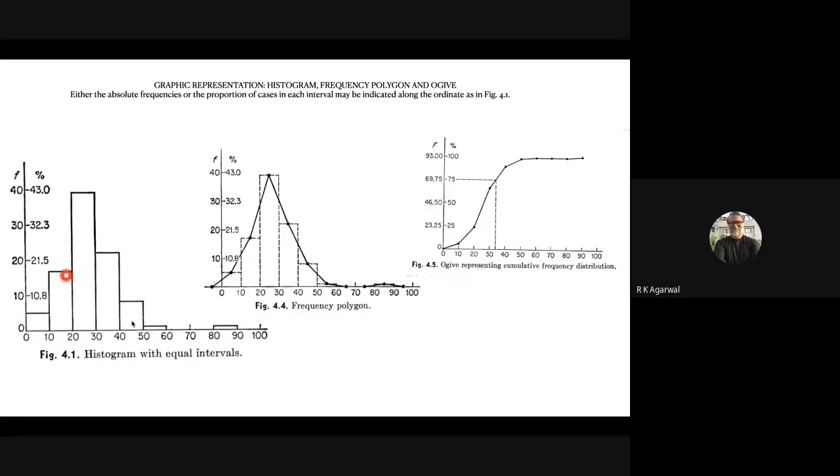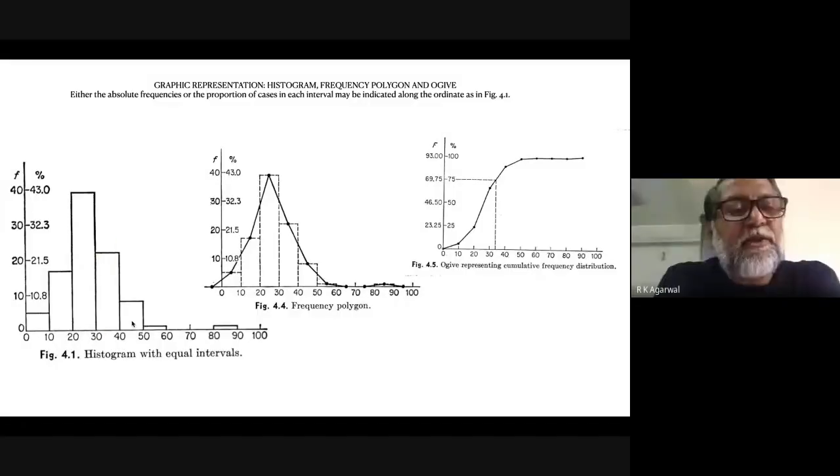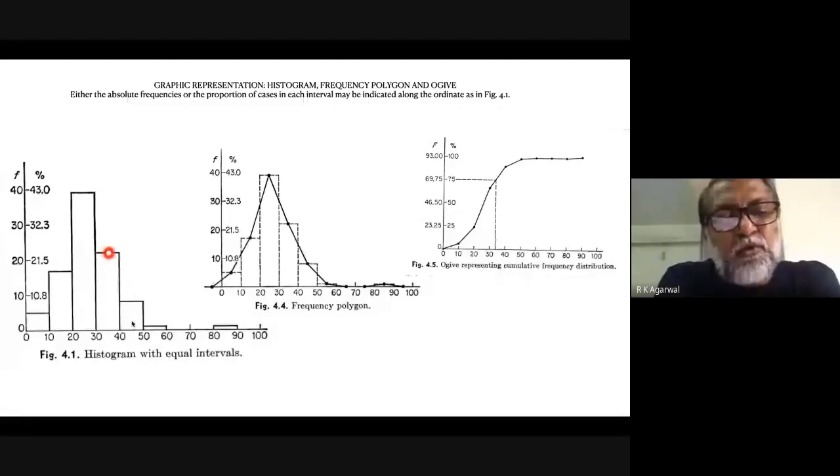Between 20 but less than 30, the frequency is around 39. You can see here 39, because it is slightly less than 40. And then likewise, between 30 and 40, it is about 21, 22. And this one is about 7 or 8. This one is about 1. This is 0. This is 0. This is 1. This is 0. 90 to 100 is 0. Well, there is no need to have 90 to 100 because this is the last one.